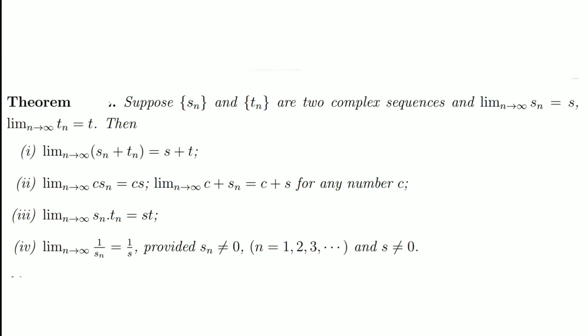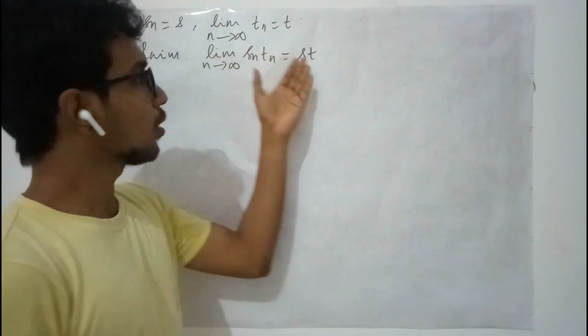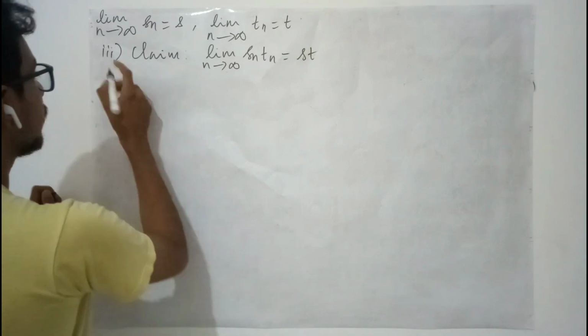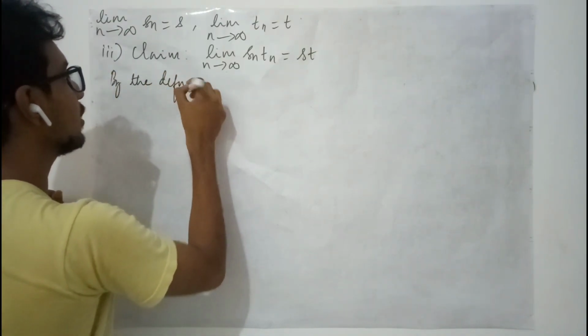In the third part of this theorem, we are to prove that the multiplication of sequences is convergent whenever the sequences are convergent. Here, with the assumption that Sn converges to S and Tn converges to T, we are going to prove this. For which, let us make use of the definition again. By the definition, what do we have?